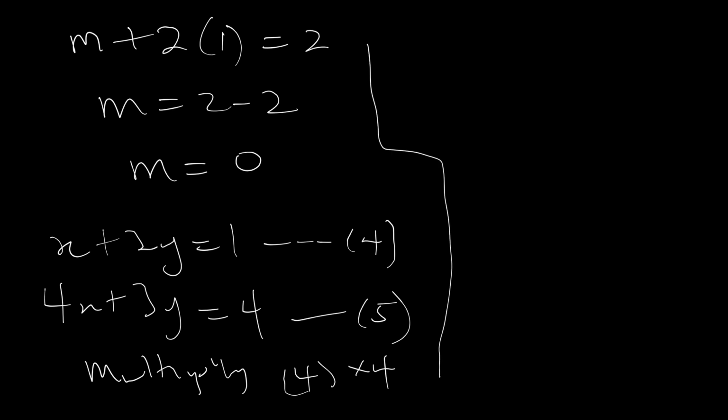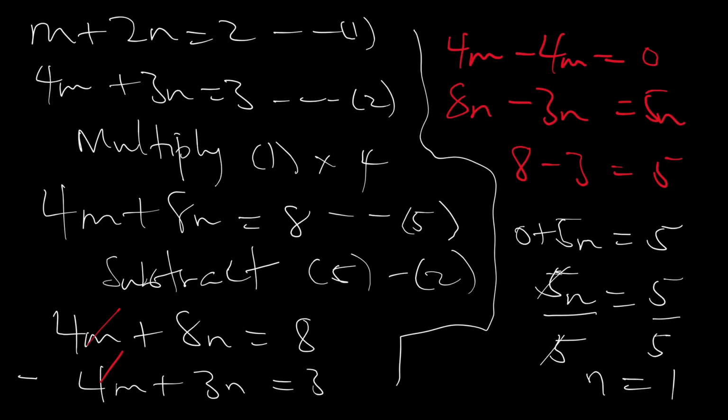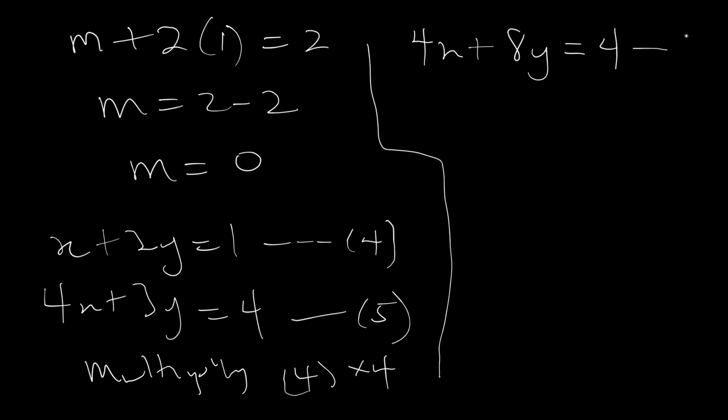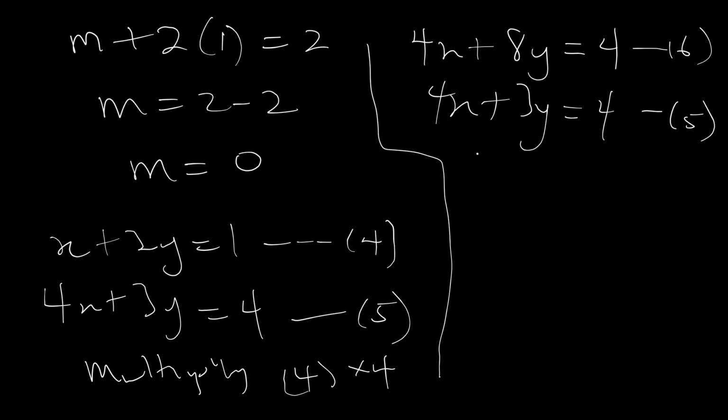So this gives us 4x plus 8y is equal to 4. So this will be our equation 5. And we have 4x plus 3y is equal to 4. This will be equation 4.